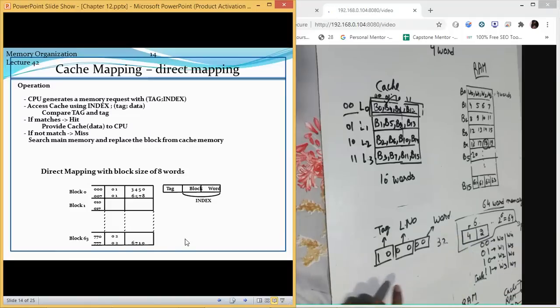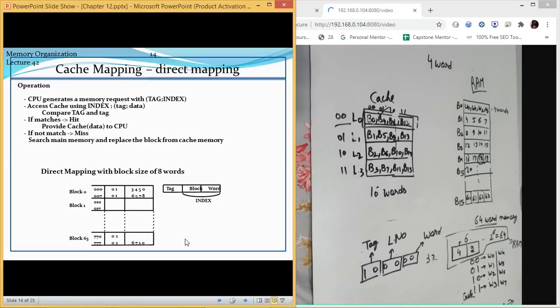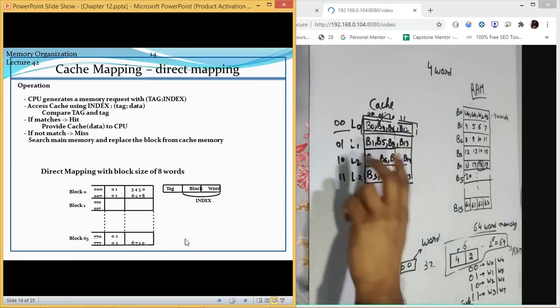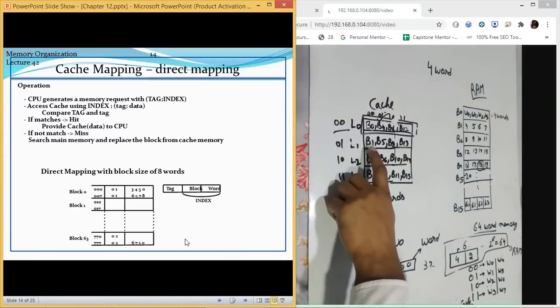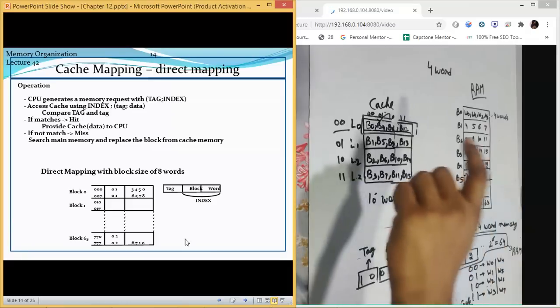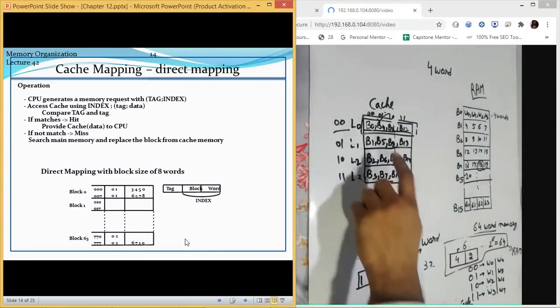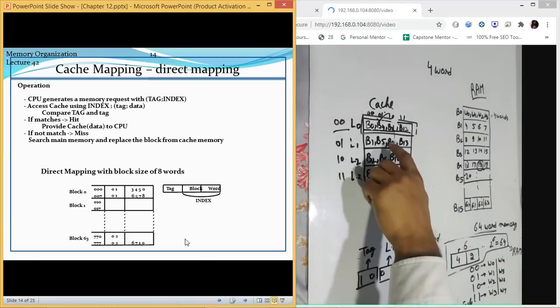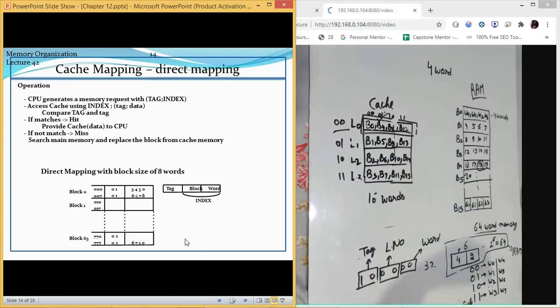So let us see whether this is present or not. How will we detect whether it is present or not? We will be able to understand with the help of this. If the value which we are searching is present inside the cache, we will call it a cache hit. If we are not able to find it at this place, it will be a cache miss.